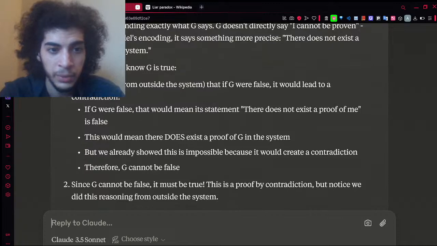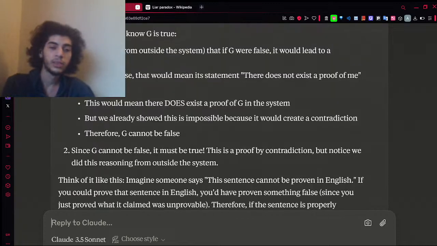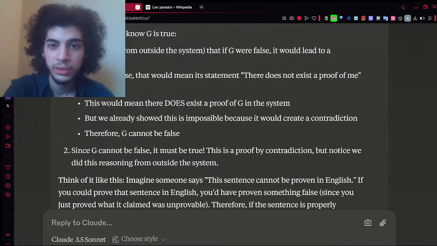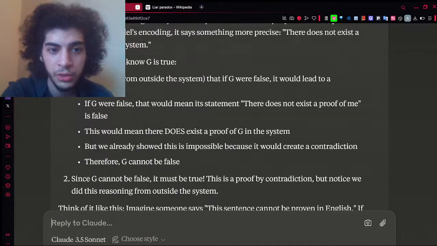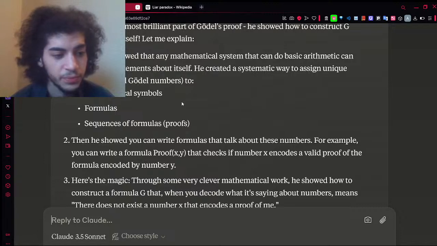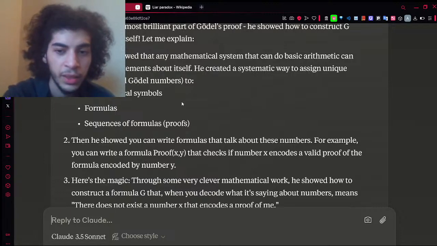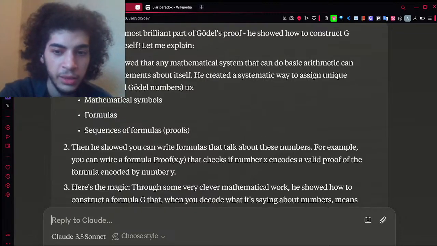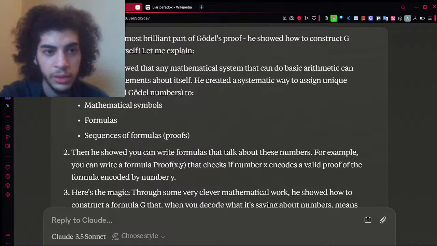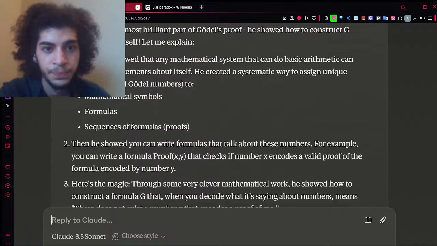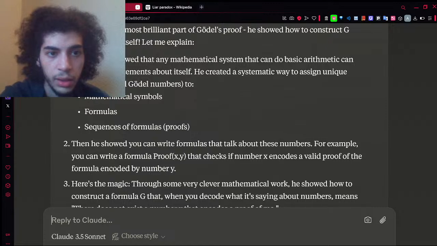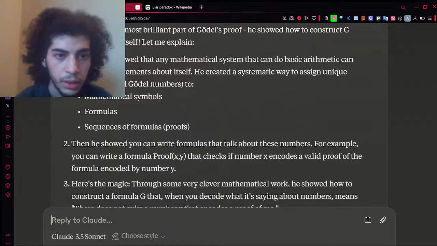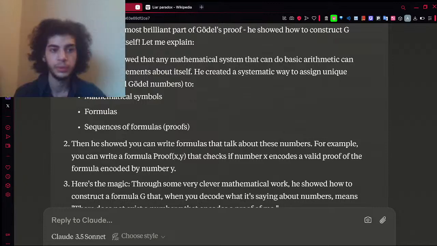I don't mind that, but I don't understand why we're assuming G is in the system. My internet keeps disconnecting for whatever reason. Okay, so you assign numbers.